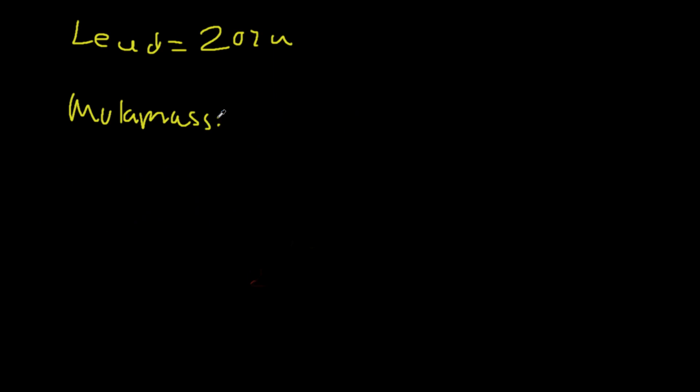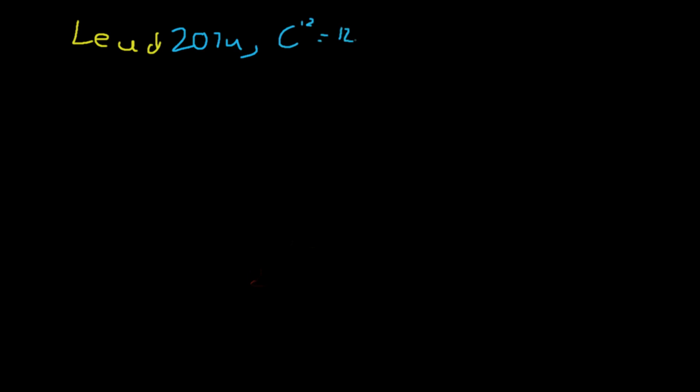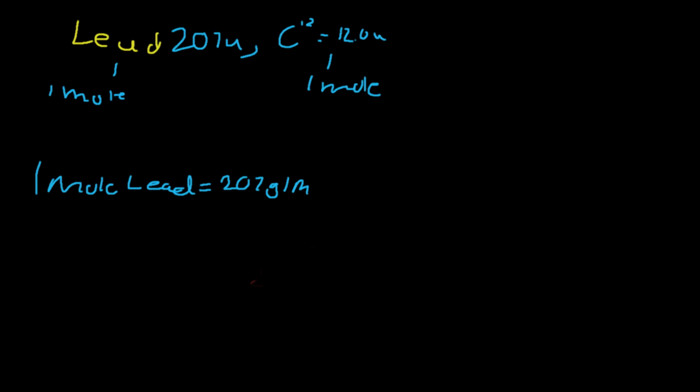So let's say we have lead again, and lead is 207 U, and carbon 12 has 12 U. What it's saying is that both of these have 1 mole, but that mole is simply representing its particles. 1 mole of lead equals 207 g/mol, and 1 mole of carbon has 12 grams.